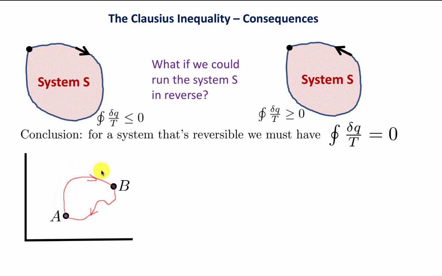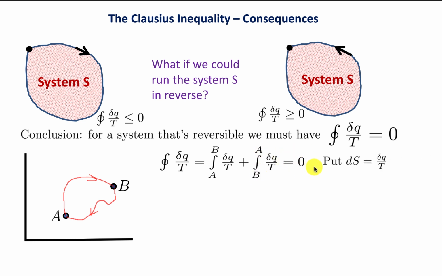When I make this complete circuit, then the integral has to be 0. Now, in going on this path, I went from A to B and added up all the small amounts delta Q divided by T. In going from here to here along this different path, I went from B to A. That sum has to be 0.